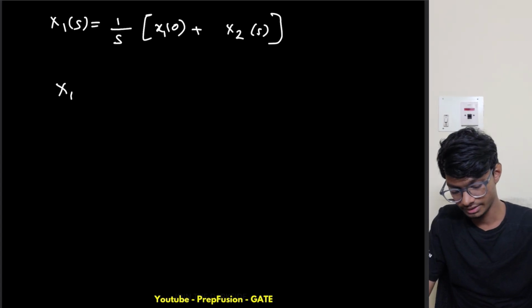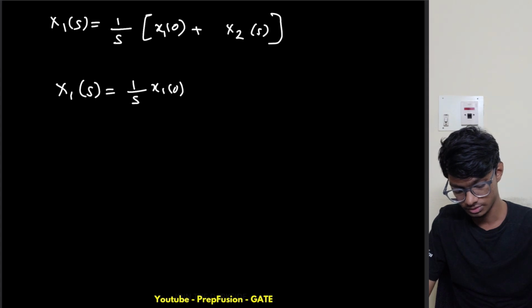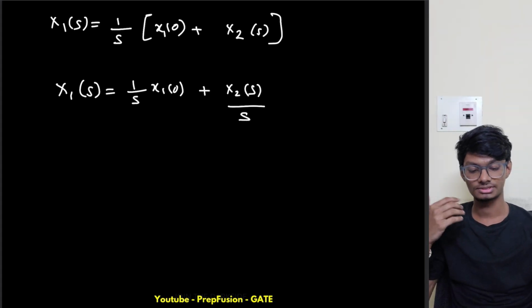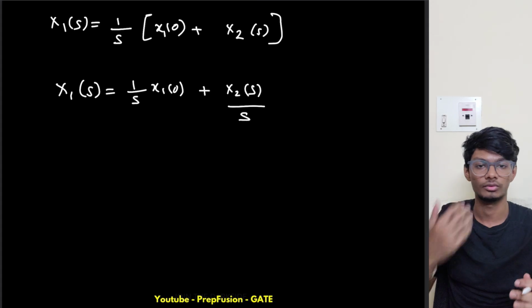So how can I divide my X1(s)? It is (1/s) x1(0) plus X2(s) divided by s.